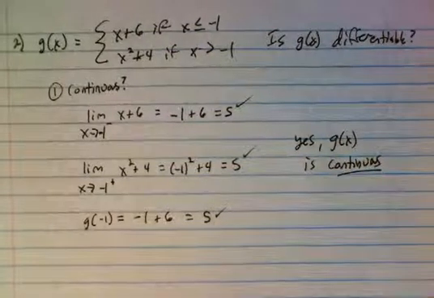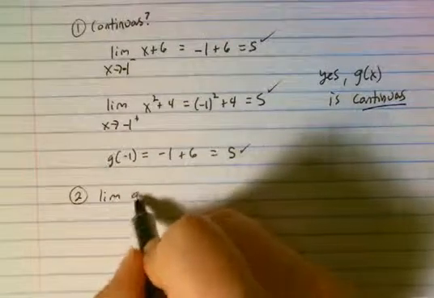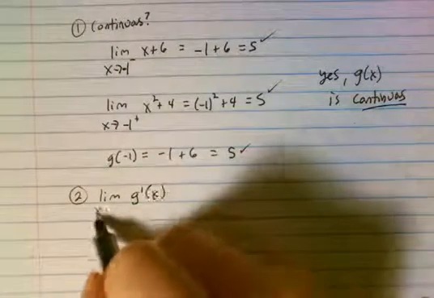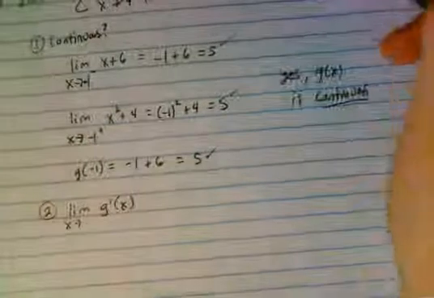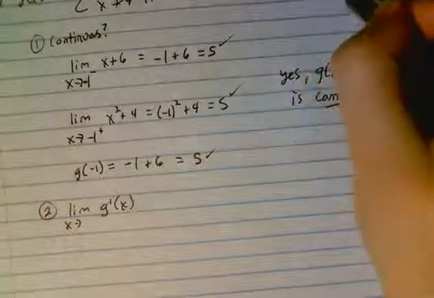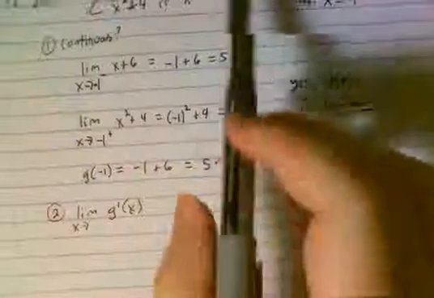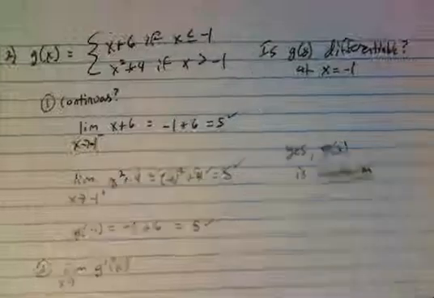But we can't stop there. For it to be differentiable, it has to both be continuous and the limit of the derivative must match. This should be: is g of x differentiable at x equals negative 1, because that's the only point of interest. We can see that it's differentiable or continuous for the rest.